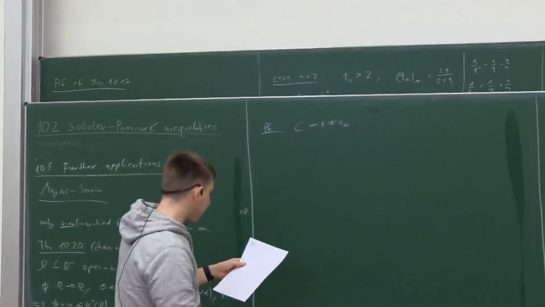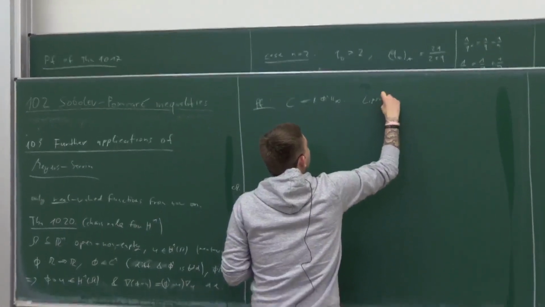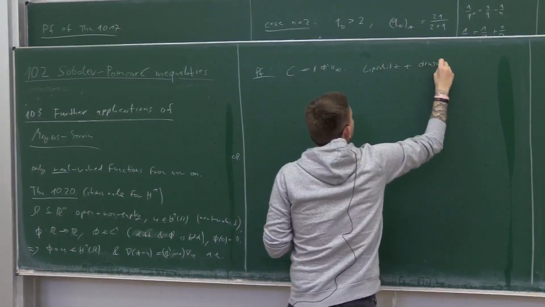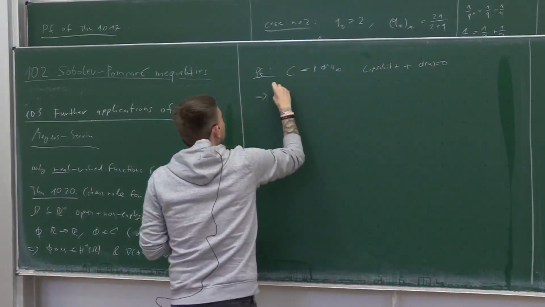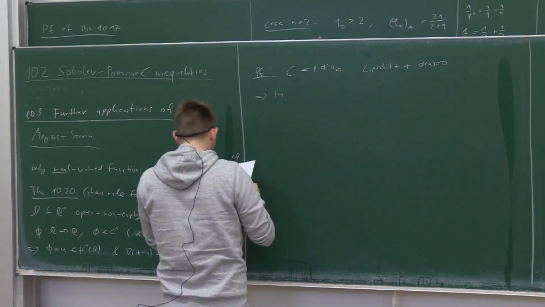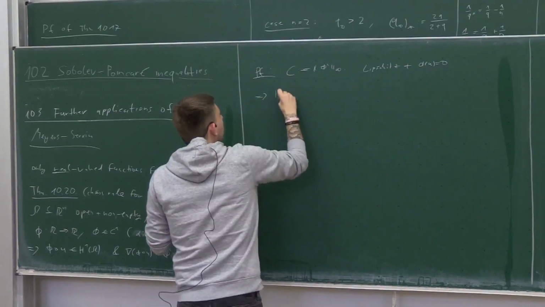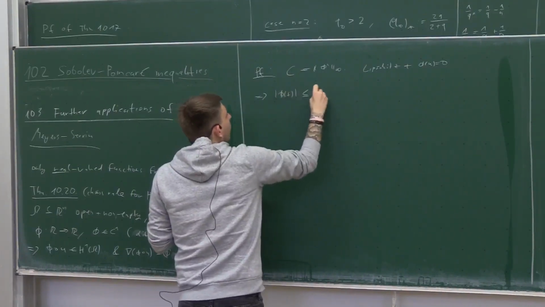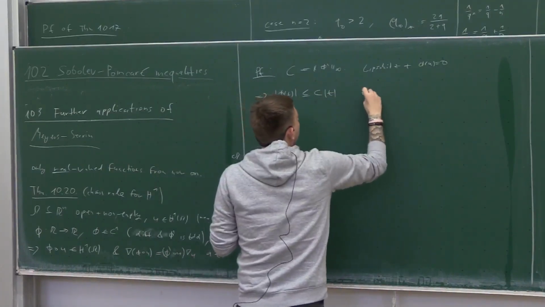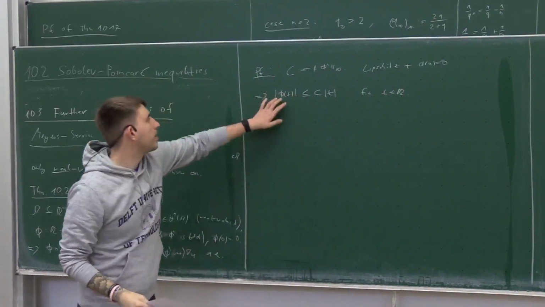So this reads as follows: Lipschitz plus phi of 0 equal to 0 implies that phi of t is bounded by C times the absolute value of t for all real t.